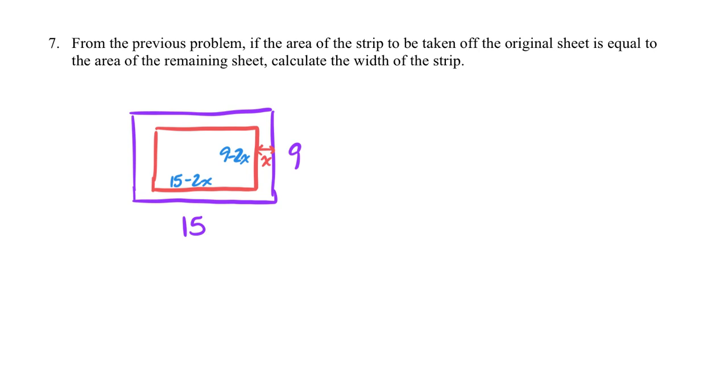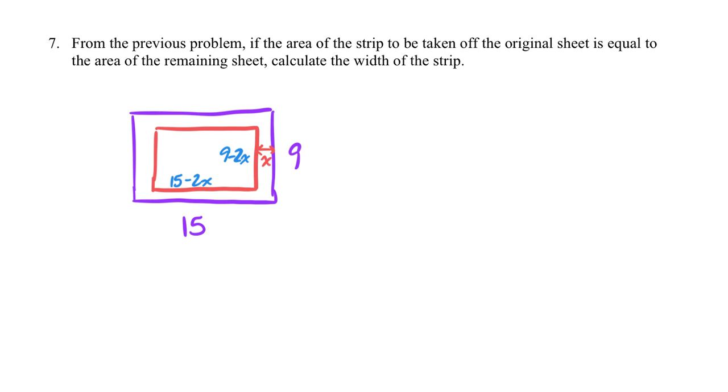I want you to take, if the area of the strip to be taken off of the original sheet is equal to the area of the remaining sheet, and try to translate that into algebra. And I want you to try it on your own. Okay, give it a shot. Pause the video now.